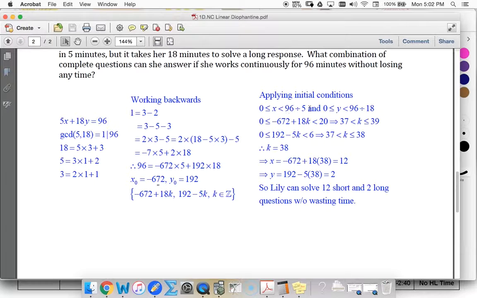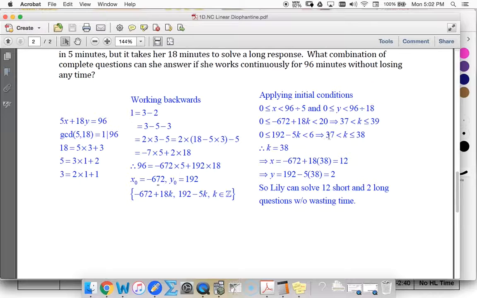So 96 divided by 5 gives me as an integer 39, because remember we can only have integers. Solving this linear inequality, we end up with k having to be between 37 and 39. Over here, we end up having to be between 37 and 38.